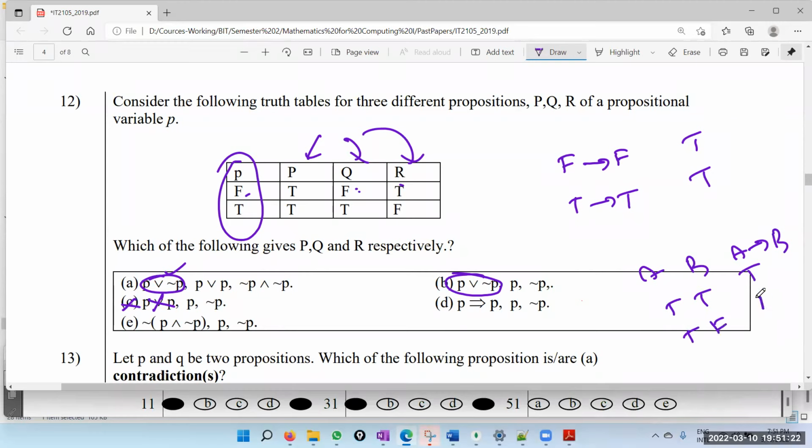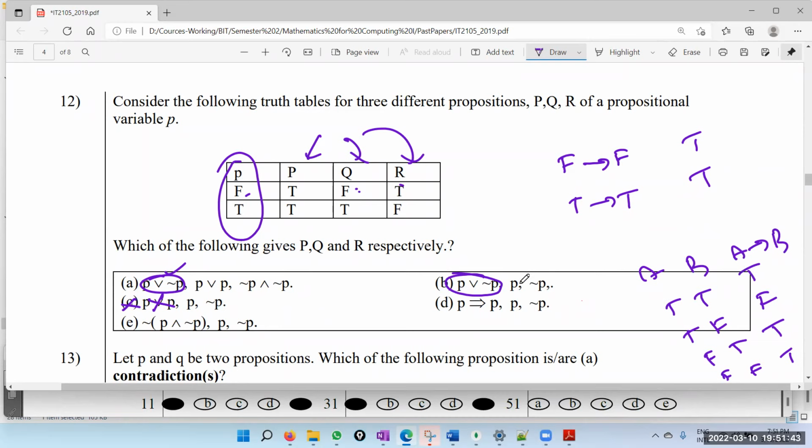True, false, false. False, true, true. False, false, true. False implies false කියන එක true වෙන්න ඕන. True implies true කියන එක true වෙන්න ඕන.